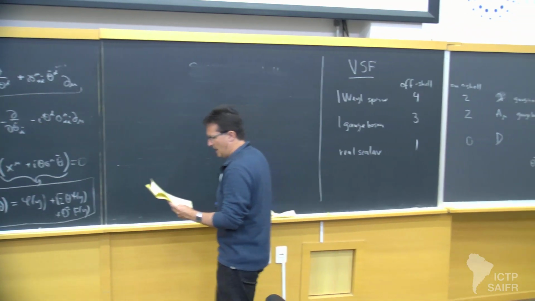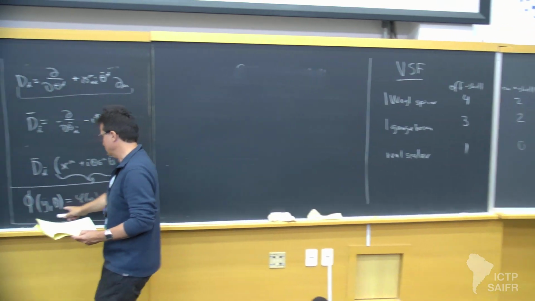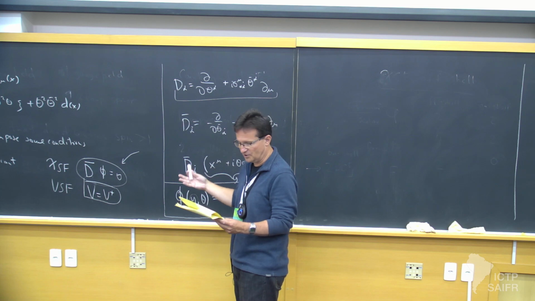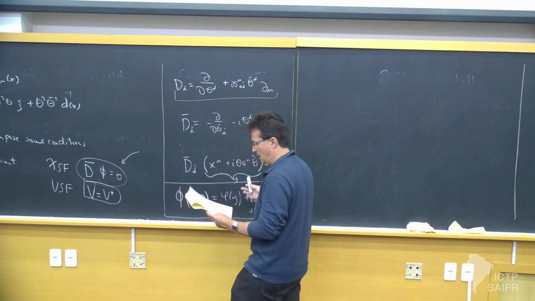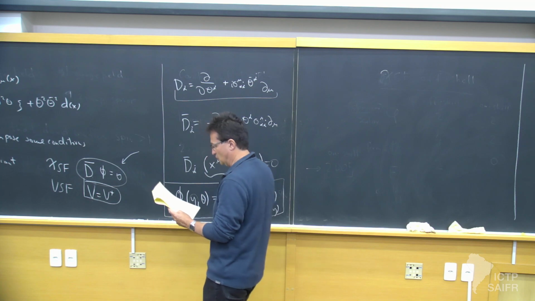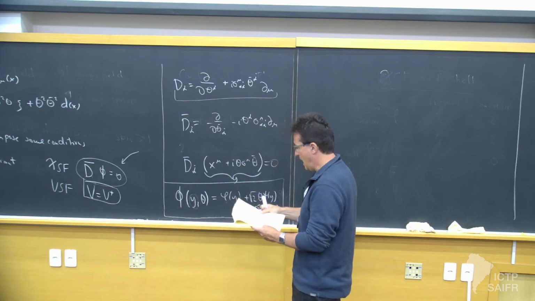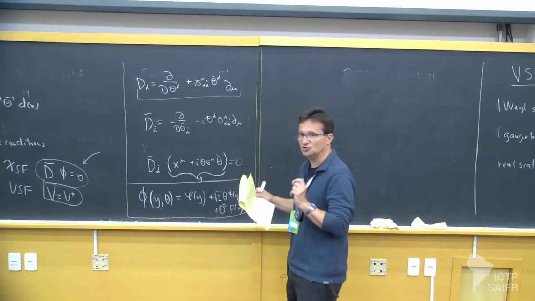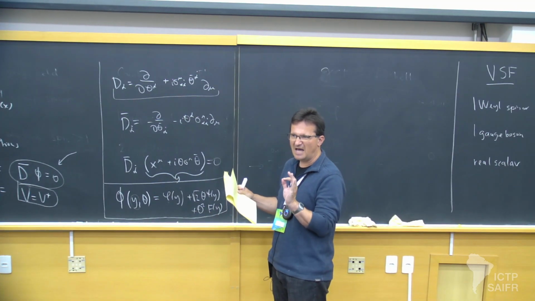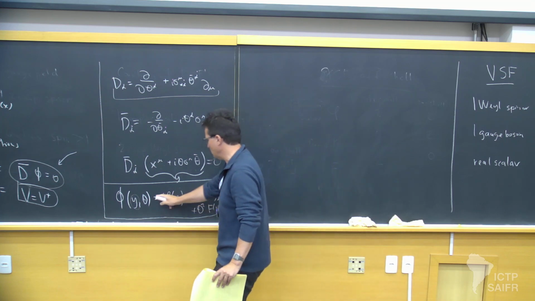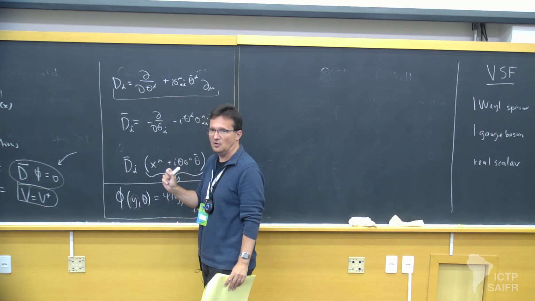Okay, and so now what you can do is, once you have your chiral superfield, you can go ahead and do a full supersymmetry transformation on your chiral superfield. So now you really know how these various fields are going to be transforming into each other under supersymmetry. Until now I haven't really told you that, but once I have this formulation, it's really easy to derive.